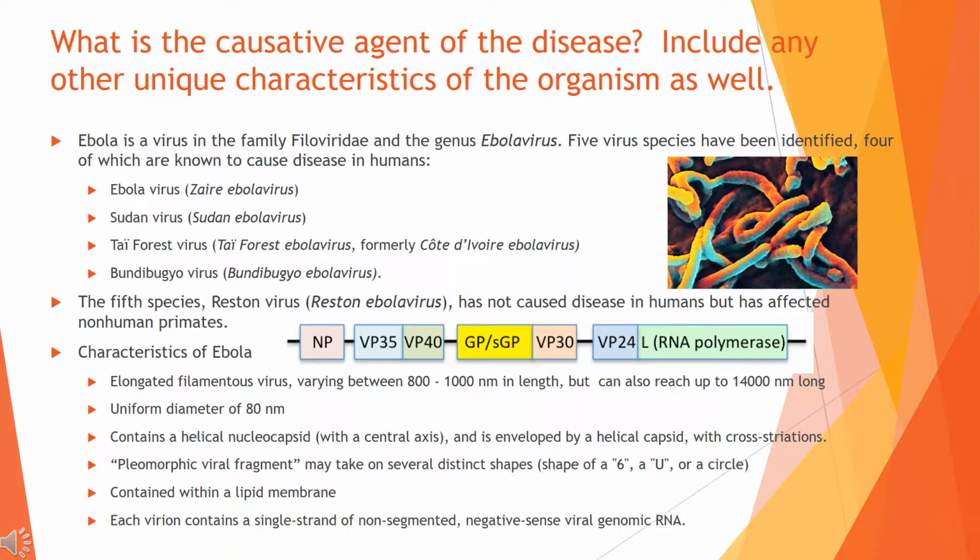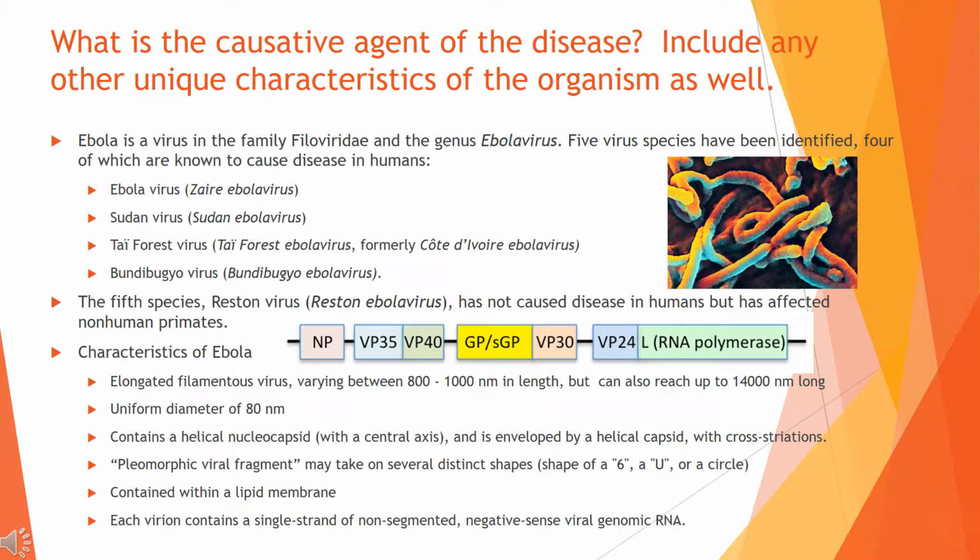It contains a helical nucleocapsid, which contains a central axis, and is enveloped by a helical capsid and has cross striations. Ebola is also characterized as a pleomorphic viral fragment, which means that it can change shapes. And some of these shapes could be the shape of a 6 or a U or even a circle.